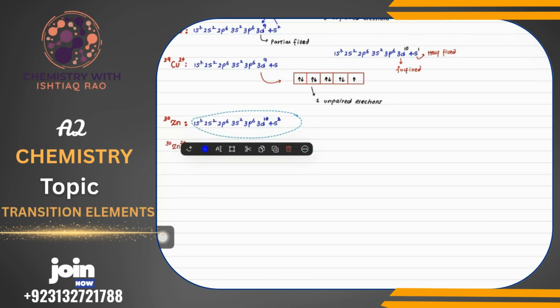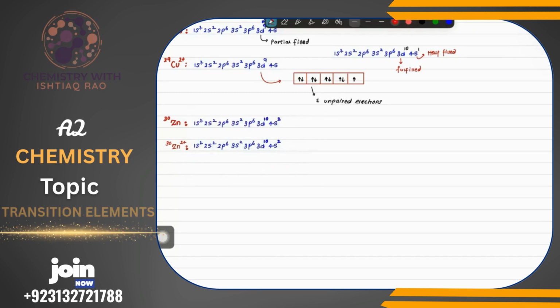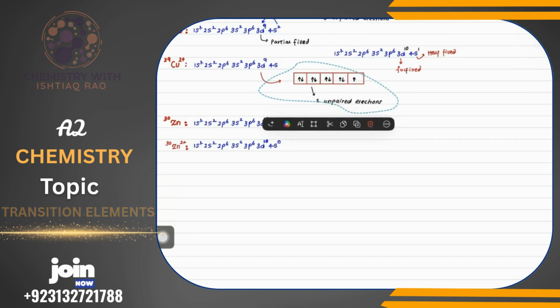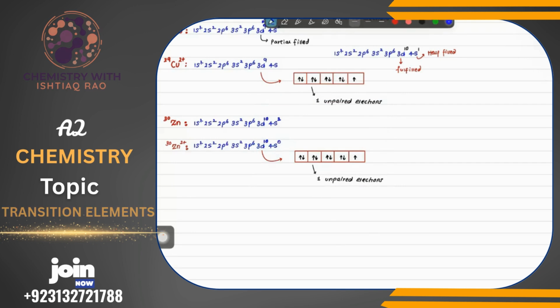After plus 2, it would be 4s0, and I can say zero unpaired electrons. So zinc is not a transition element, right? We have to identify whether the substance is a transition element or not. So zinc is not.